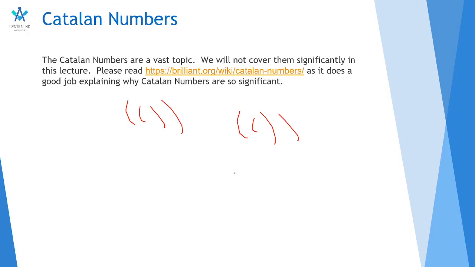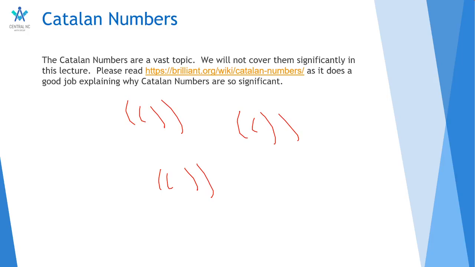That's kind of a bad way to explain why Catalan numbers are significant. There are certain problems, and you can derive the first three Catalan numbers as we'll look into the definitions as we go on. But this parentheses example, most people find a good way based on a number of ways.